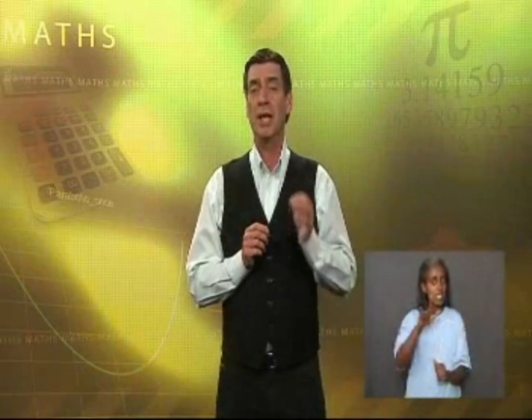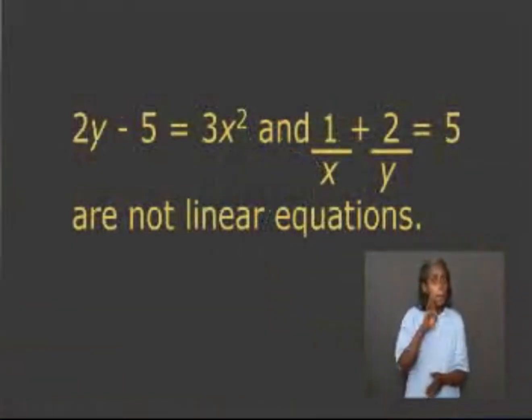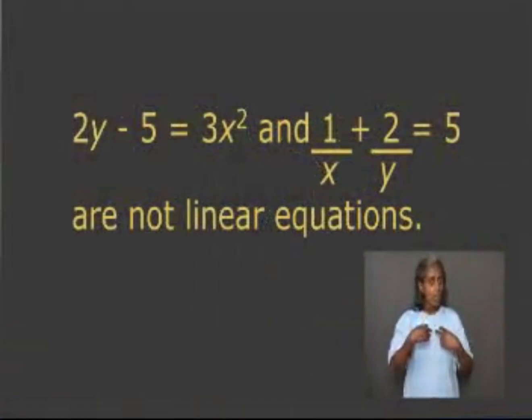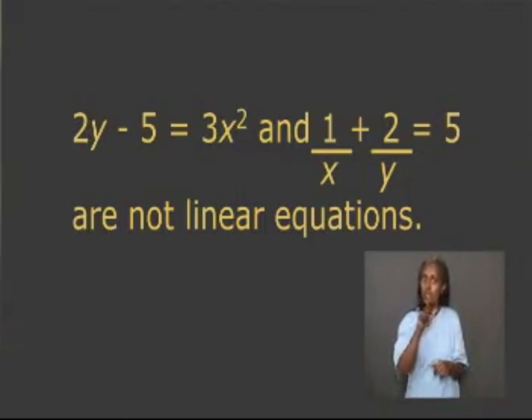Hello, students. If you chose answer A as the only linear equation in two variables, you are correct. B and D have two variables, but they are not linear equations.